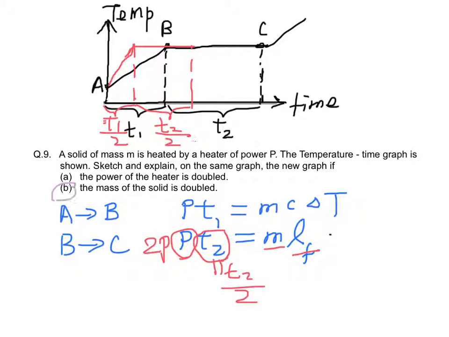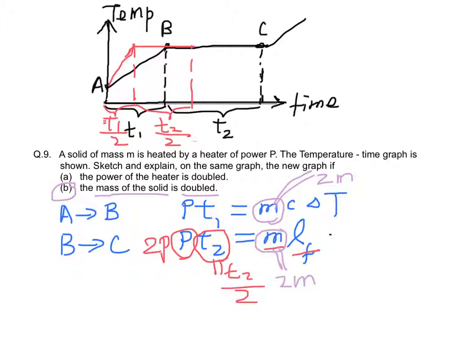For part B, the mass of the solid is doubled. In this case, m becomes 2m from A to B, and also from B to C, m changes to 2m.